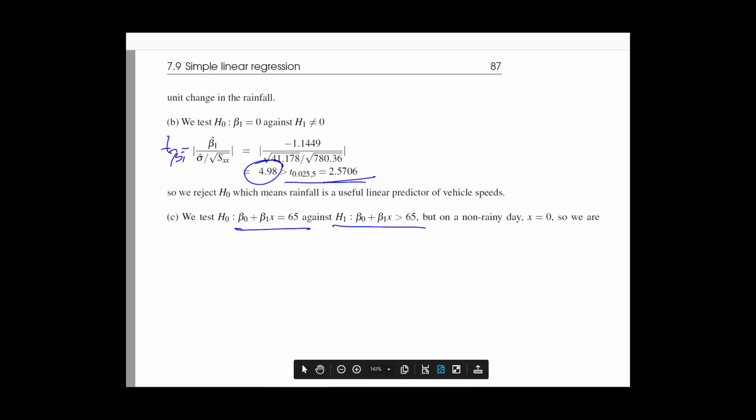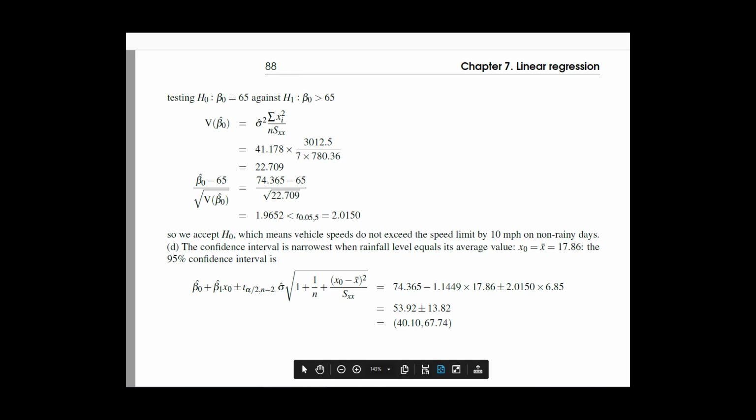That's the alternative hypothesis. Non-rainy day means x equals 0, so it's just beta. We're testing for beta in this case, and that's going to be your usual hypothesis test. We know everything about beta. We know the variance and we know the value, and you know the t-test, the t statistic for beta naught.